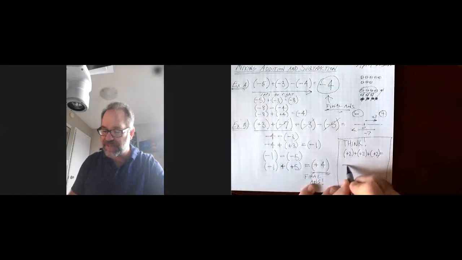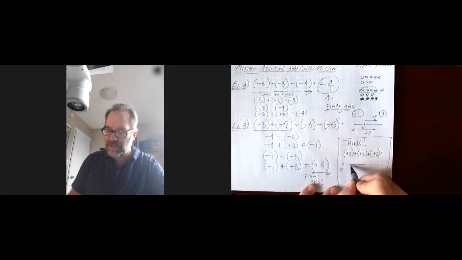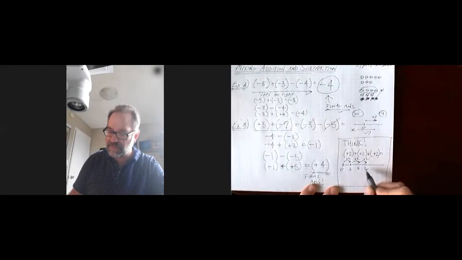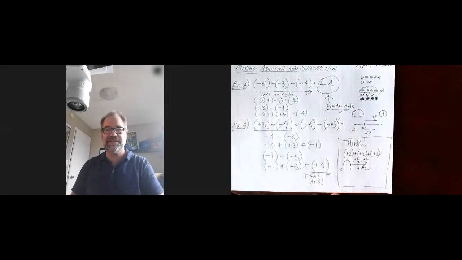If we did that on a number line to help us get a visual, it would look a little bit like this: +2, add on +2, add on +2, and our answer would be +6.